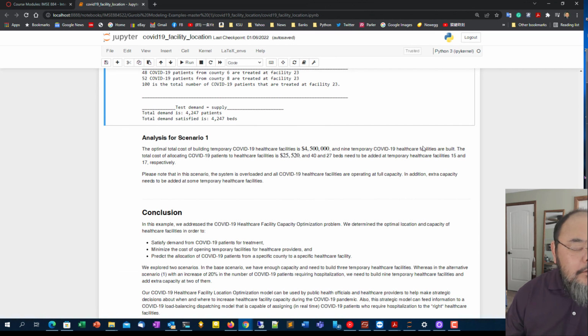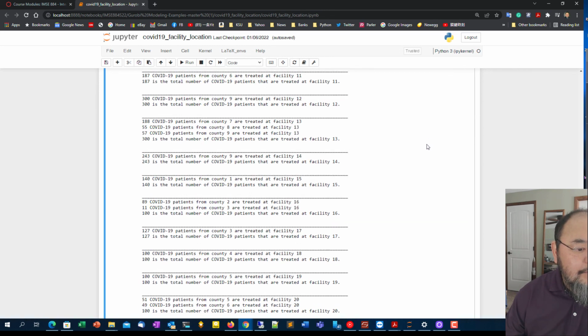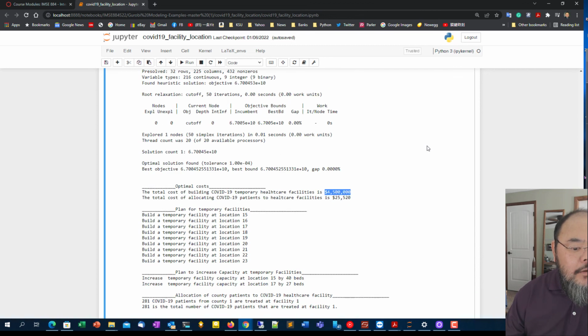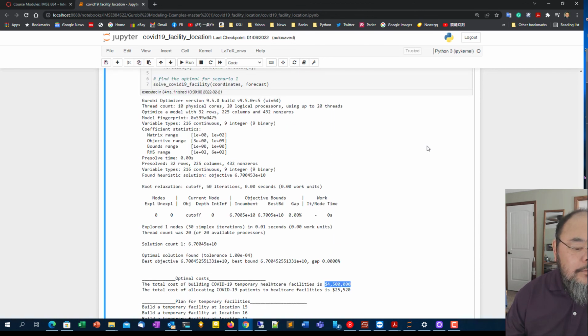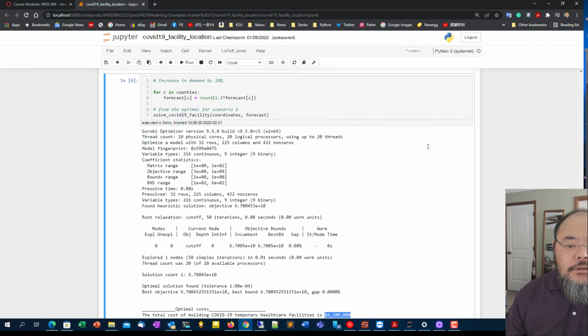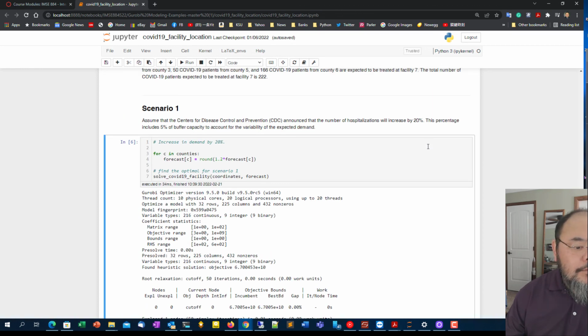So this example is just giving you a base model and some of the possible scenarios you can change, to see if your healthcare system can handle the upcoming potential pandemic.